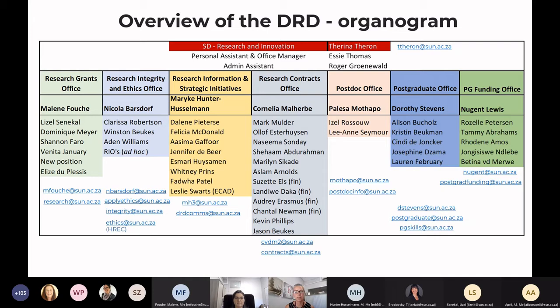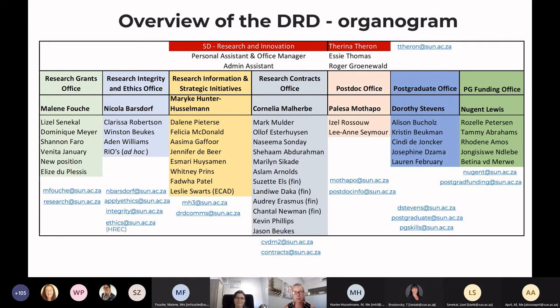Marilyn and Aslam and Kevin and Jason are all assisting with due diligences on the administrative handling contract side. And then Suzette, Landiwe, Audrey, and Chantal are all seconded from the finance division, our project accountants that assist us with budgeting and with post-award reporting and the management of budgets and the approval of full cost budgets. So you will see there also Cornelia's address and the general contracts at sun.ac.za address that you can use.